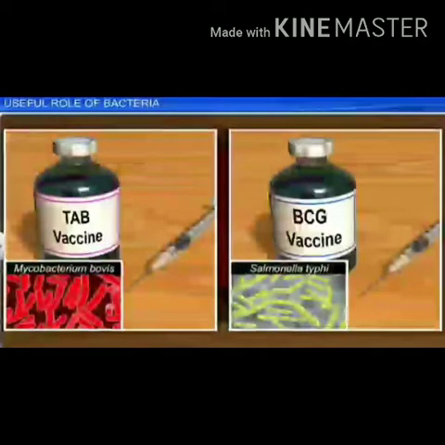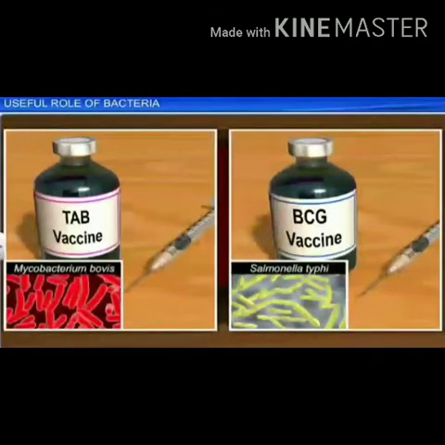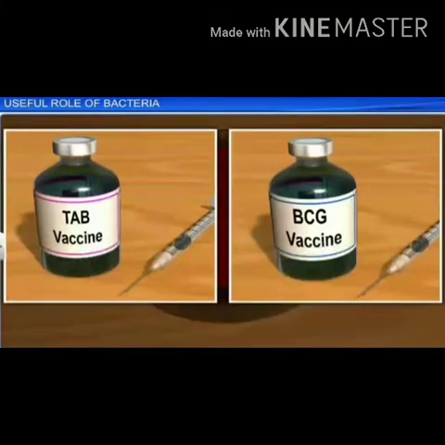Apart from serums, bacteria also play an active role in the production of several vaccines. A vaccine is any germ or germ substances introduced into the body to help it develop resistance to a particular disease.